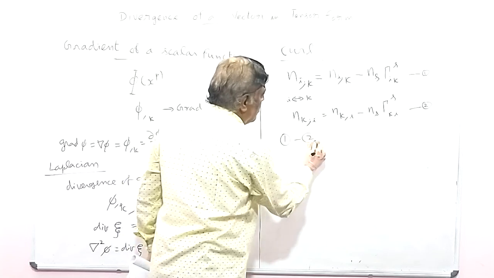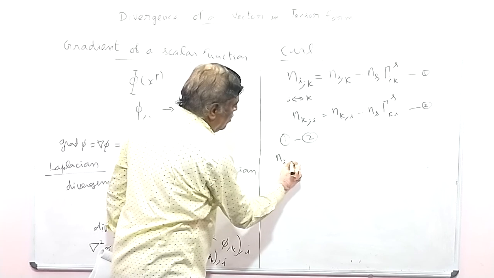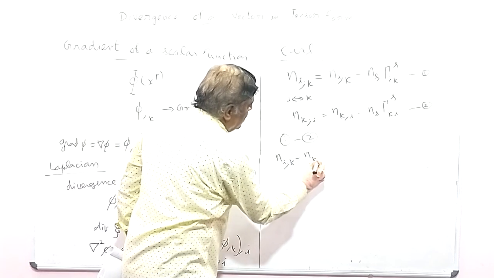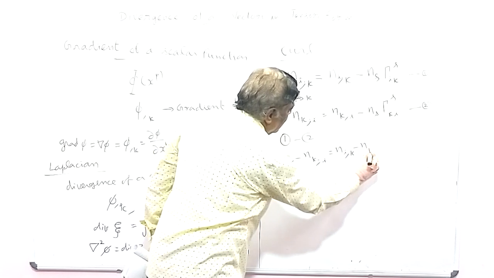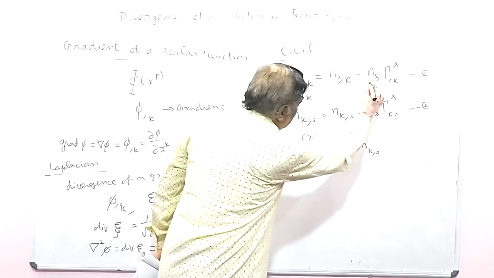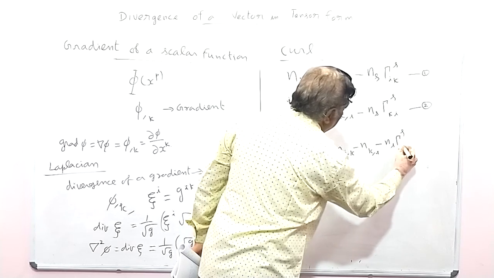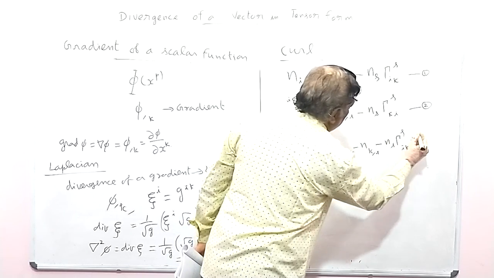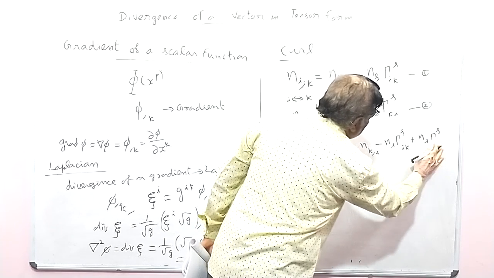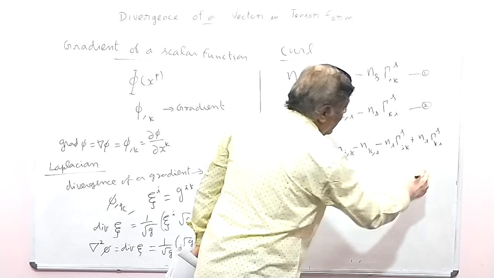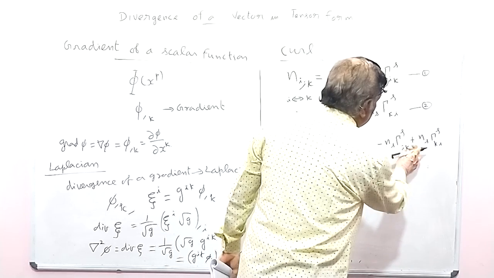Equation 1 minus 2 becomes, what is this? You subtract: n i semicolon k minus n k semicolon i is equal to n i comma k minus n k comma i. Here this term, n s gamma s ik, once you subtract, plus n s gamma s ki. What are ik and ki? Both are symmetric.